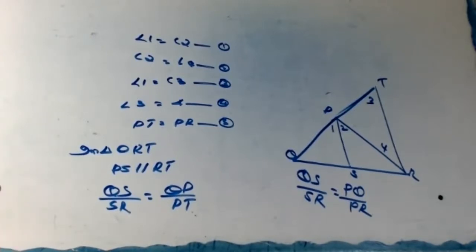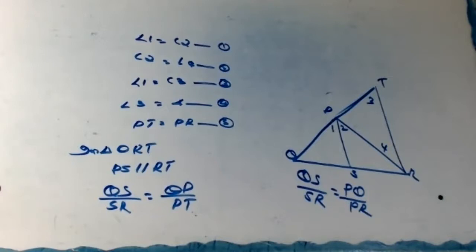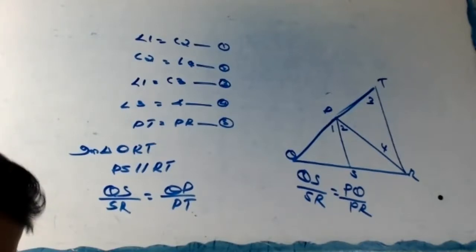Then angle 1 equal to angle 3, corresponding angles. Angle 2 equal to angle 4, alternate angles.